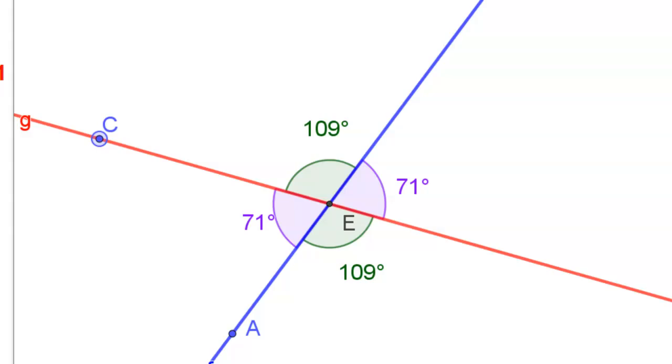Look at the blue line too. When you observe the blue line, the angle here 71 and 109 also lie on a straight line, and also they add up to 180. So that is what we call vertically opposite. So 109, 109, they are vertically opposite. 71, 71 are also vertically opposite.